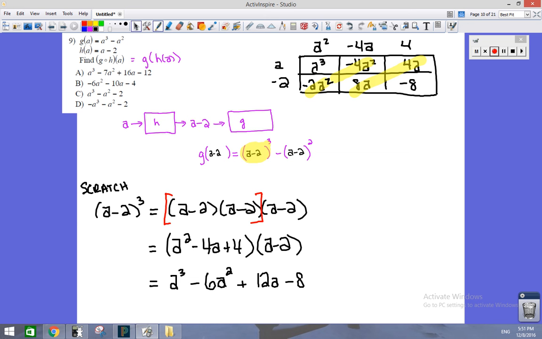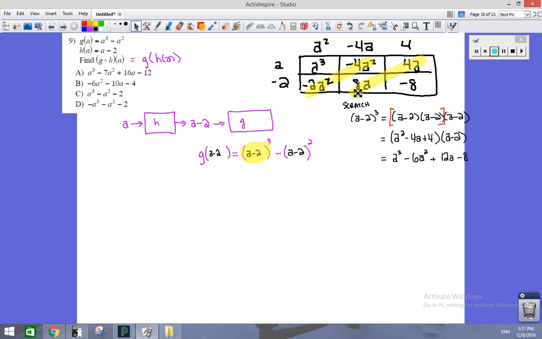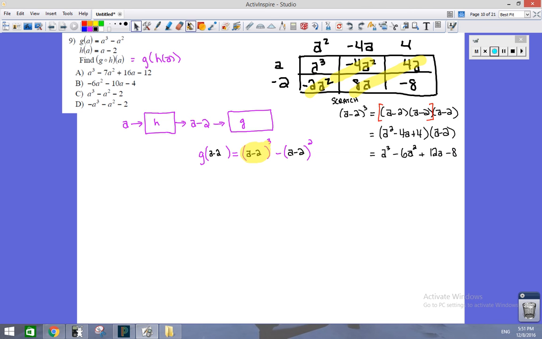So that was a lot of work just to find this first term. Remember, it was a problem within a problem. This is just scratch work that we did to figure out what the first term of our subtraction problem was. So when I return to this g evaluated at a minus 2, I've now done the work for a minus 2 cubed.